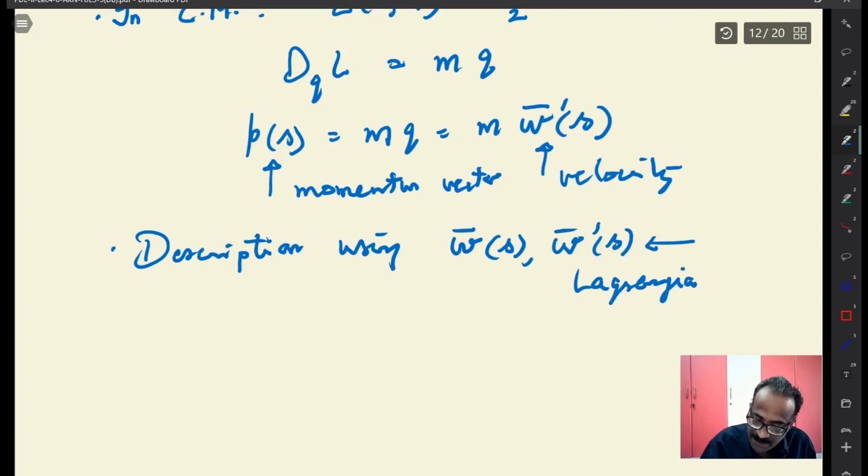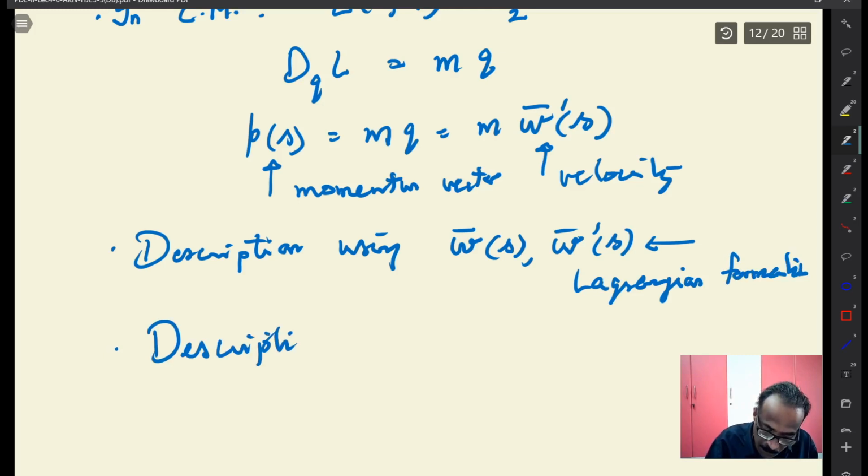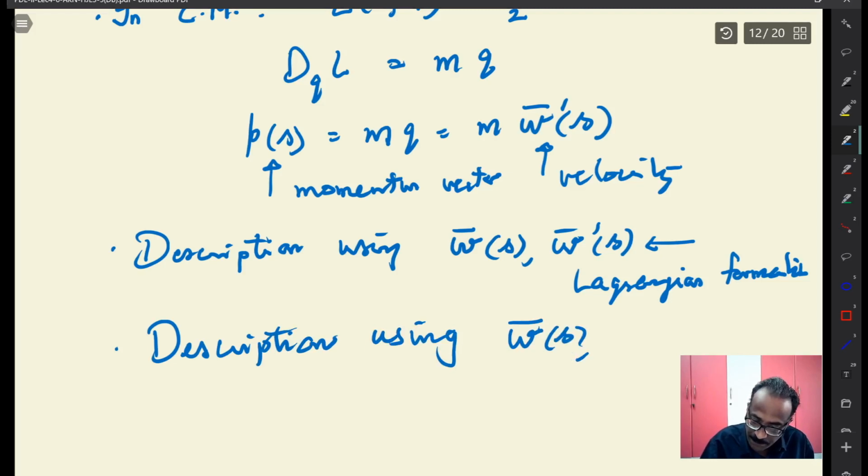These are all typical Lagrangian formalism. On the other hand, a description using position and momentum is your Hamiltonian formalism. These are well known in classical mechanics.